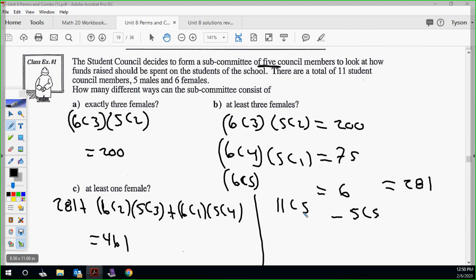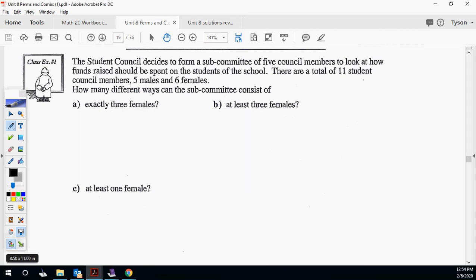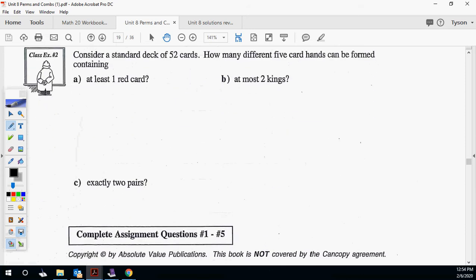And what we do is subtract the ways that you choose all guys, and then you get 461 again. So when you have at least 1, it's better to take out the negative so you don't have to add so much.